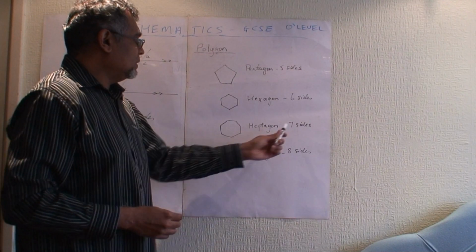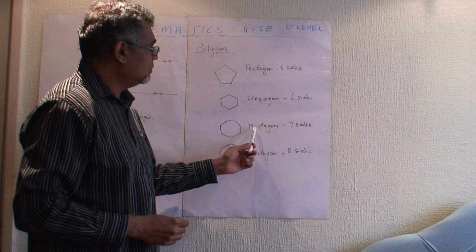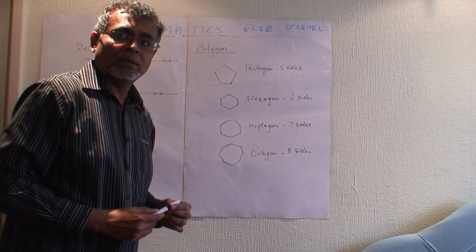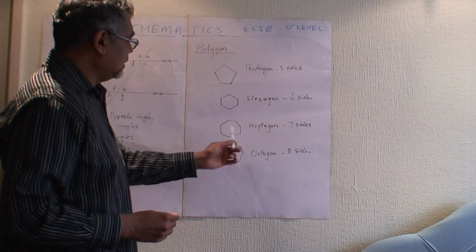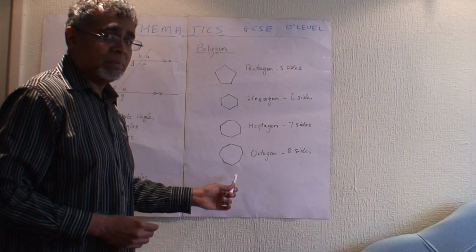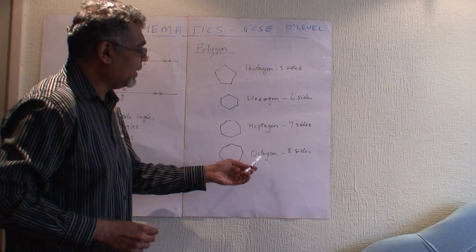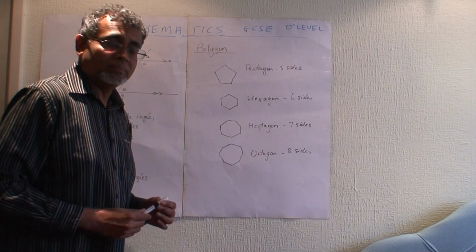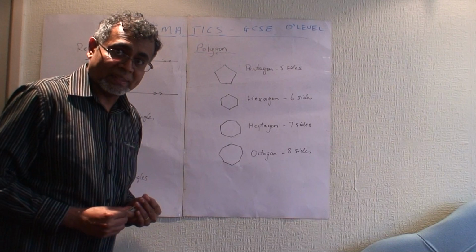The shape with 7 sides is called a heptagon. It has seven sides, and the shape that has 8 sides is called an octagon. Octagon has 8 sides.